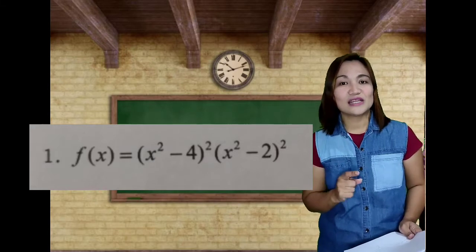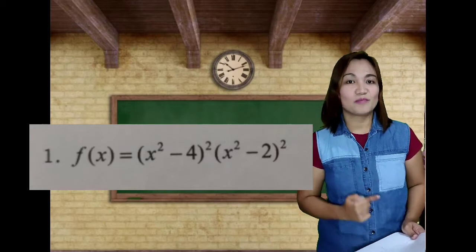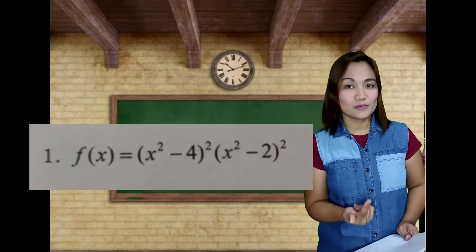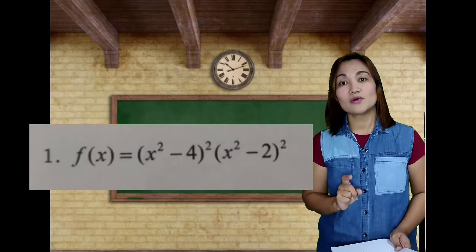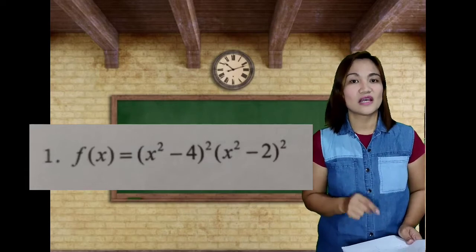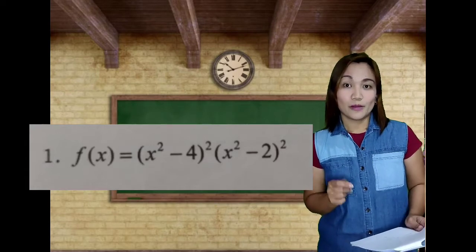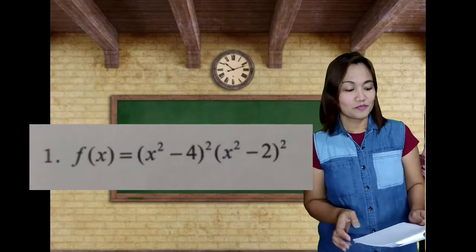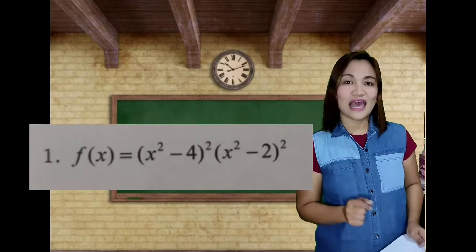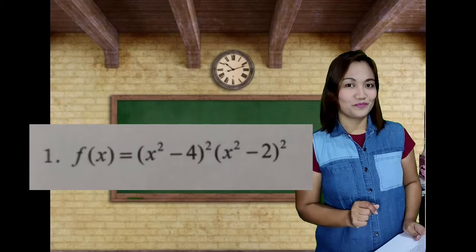Okay, so the answer is x to the 8th power. By applying the laws of exponents, we have the same base, so we have to add the exponents of these two terms. So we have 4 plus 4 is equal to 8. So therefore, the leading term is x to the 8th power.